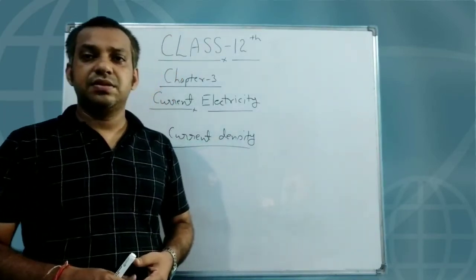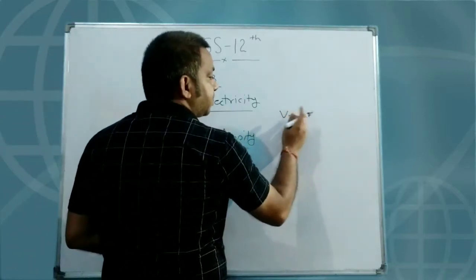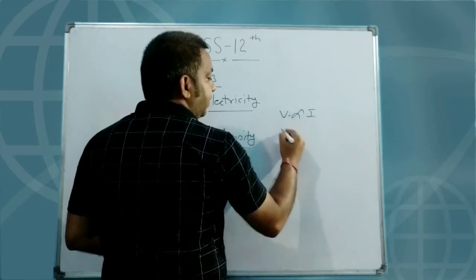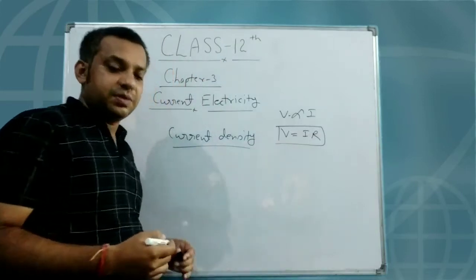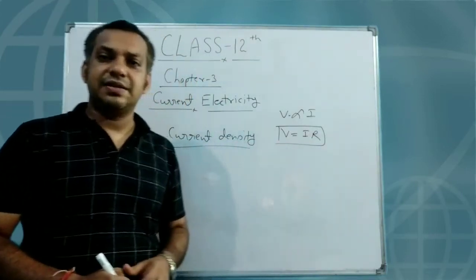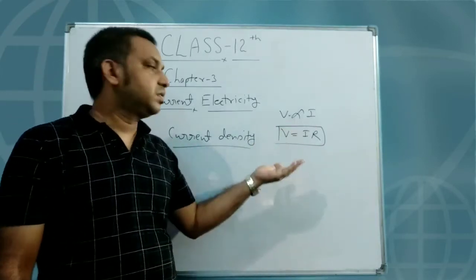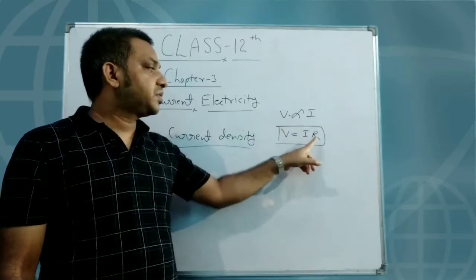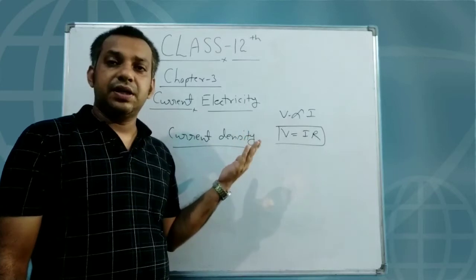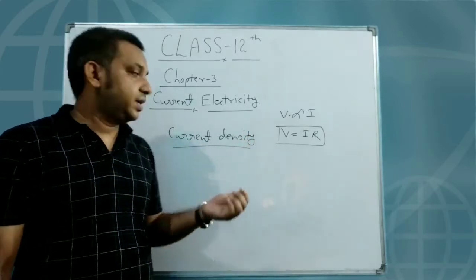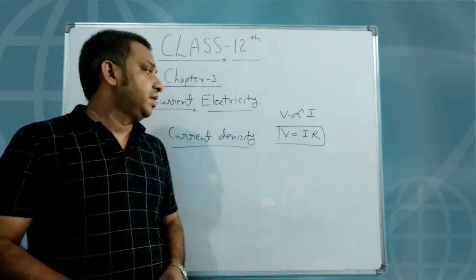In class 10th you studied Ohm's law directly: V is directly proportional to I, where V is equal to I into R. That relation was activity based. We only took a simple circuit and, with the help of an activity, found this relation. But here this proportionality constant, which is R, we will derive with the help of this electronic conduction model, using drift velocity, to derive Ohm's law.